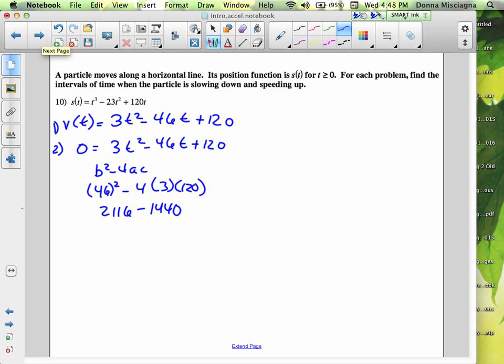And now we just have to figure out, is that a perfect square? 676, which is a perfect square. If we take the square root of 676, that would be, not 24, 26. 576 is 24. This would be 26. All right, so that means this is factorable.